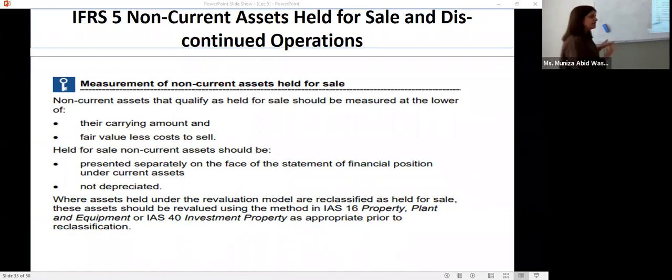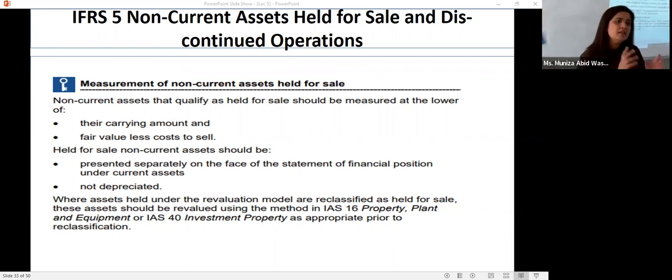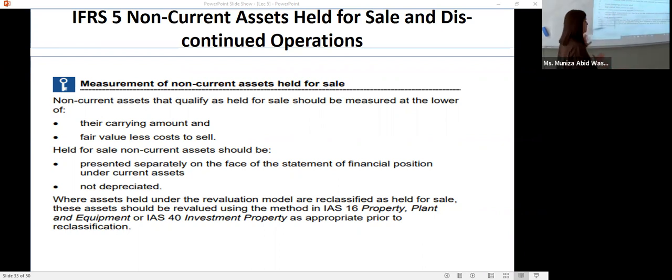So before the reclassification of the assets of IAS 16 and IAS 40, if they are under the revaluation or fair value model, first we have to recognize their revaluation gain in SOPL or other comprehensive income respectively, and then we are going to reclassify them as held for sale. When we classify them as held for sale, we compare the carrying amount and the fair value less cost to sell, that is NRV, and whichever is lower, at that amount we are going to recognize.